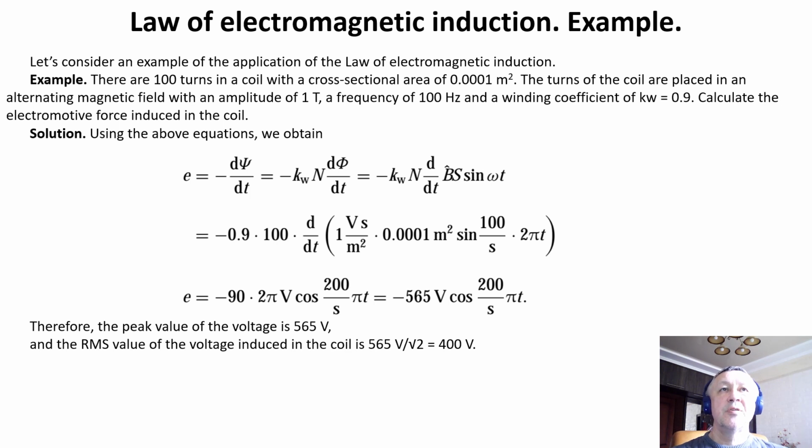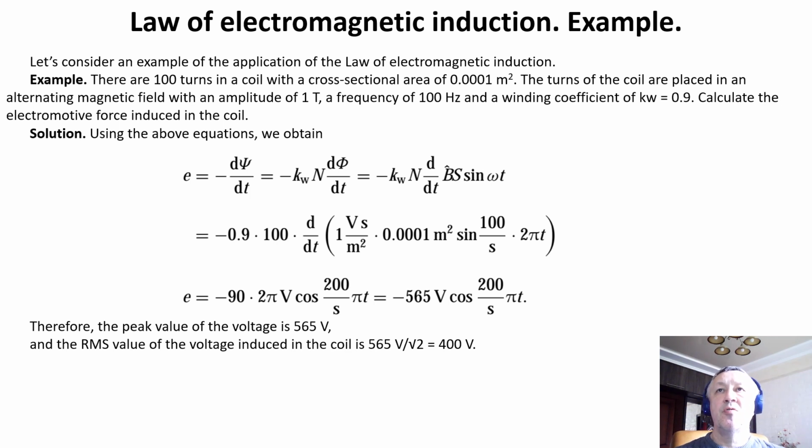Let's consider a small example of the application of the law of electromagnetic induction. In our example, we have 100 turns in a coil with a cross-sectional area of 1 to 10,000 square meters.